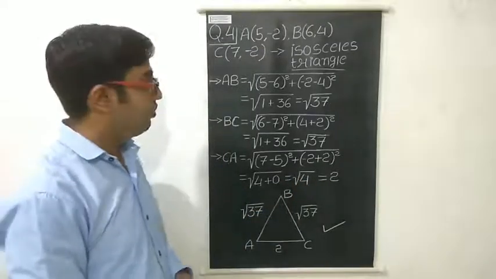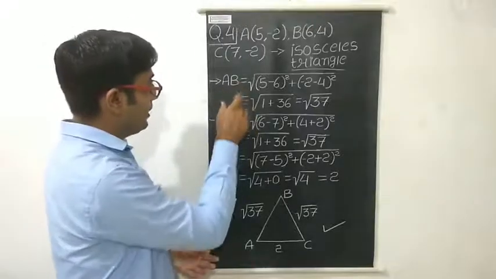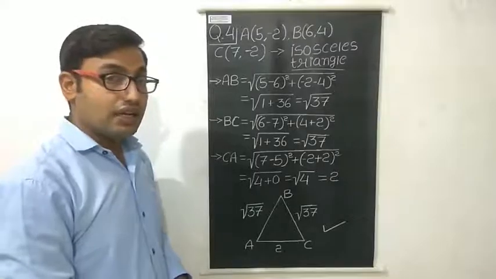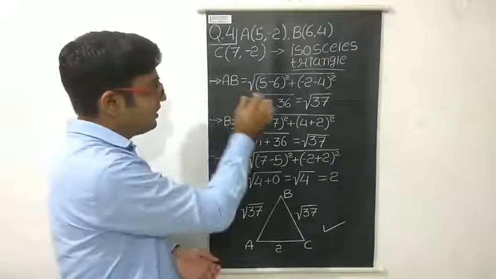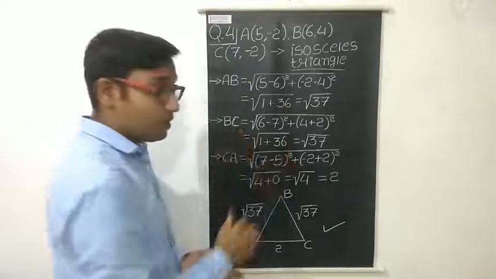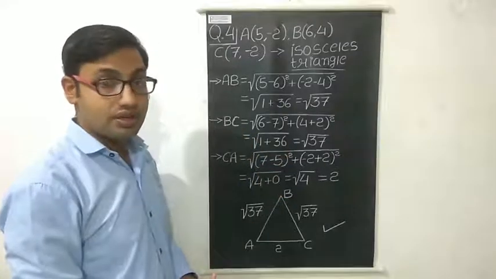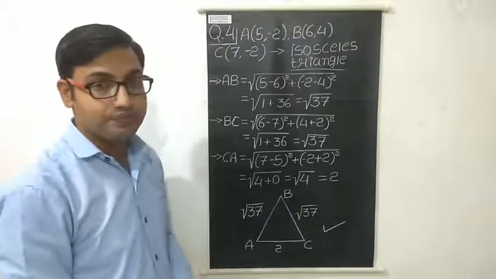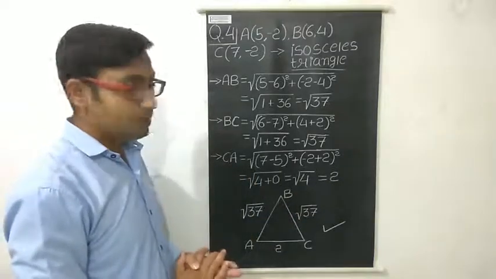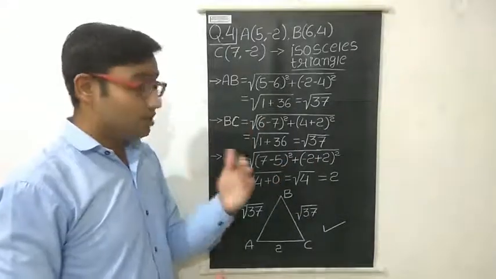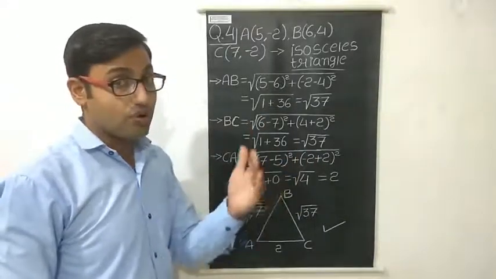Now here we have all the 3 values of AB, BC and CA. Can you notice one thing? AB is equal to under root 37. BC is also equal to under root 37. And AC is what? 2. So first of all, if we are given 3 points, we have to consider whether all the 3 points are collinear or not.